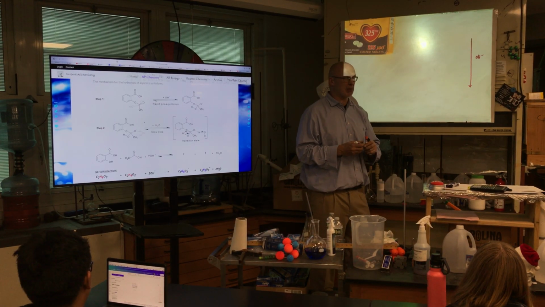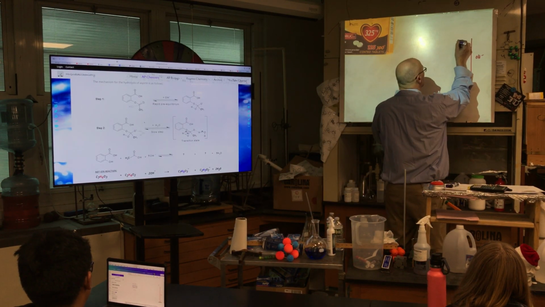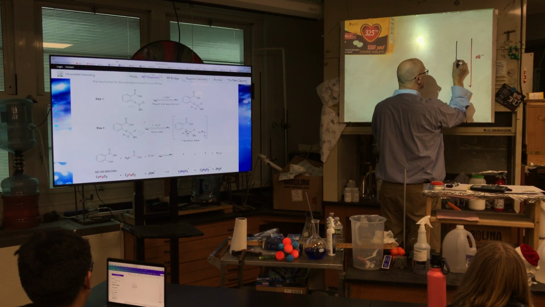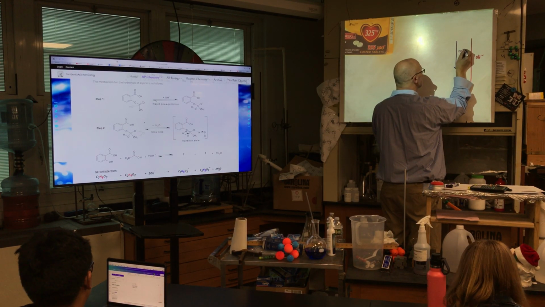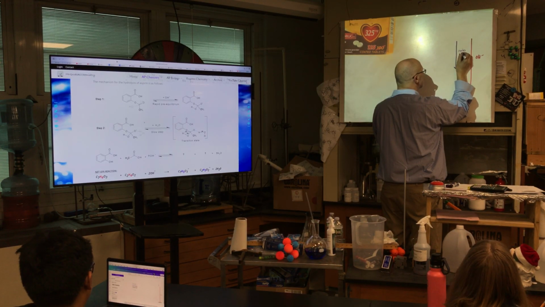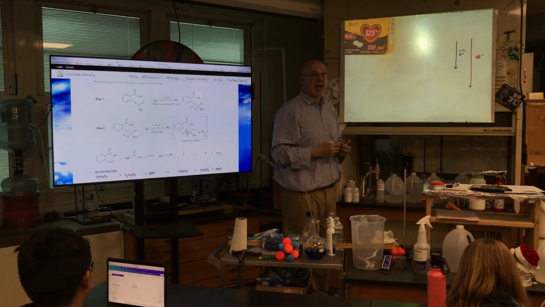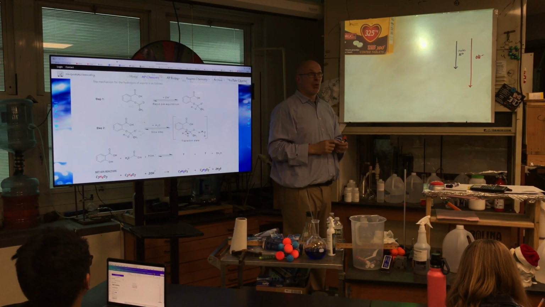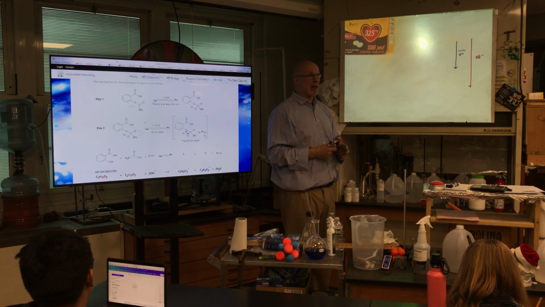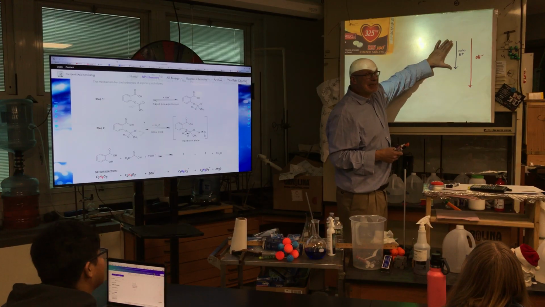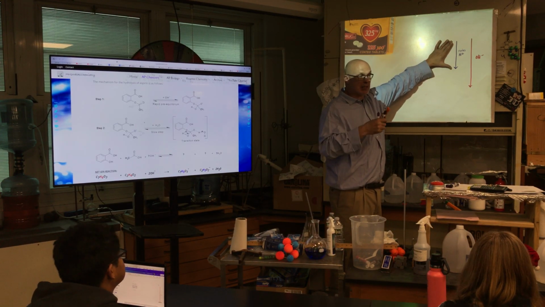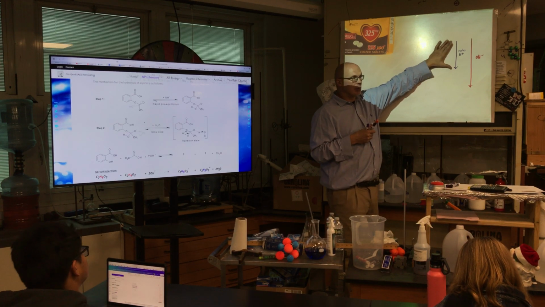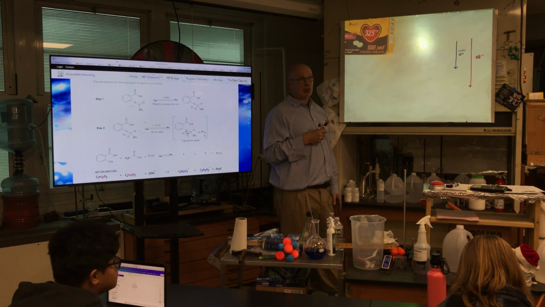The whole purpose of the lab is to find this arrow. This would be the moles of H plus that we're titrating that came from the aspirin. In this back titration, we're trying to find exactly how many protons from the aspirin, a weak acid, were neutralized.